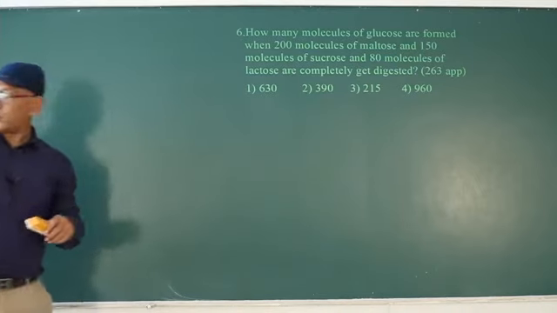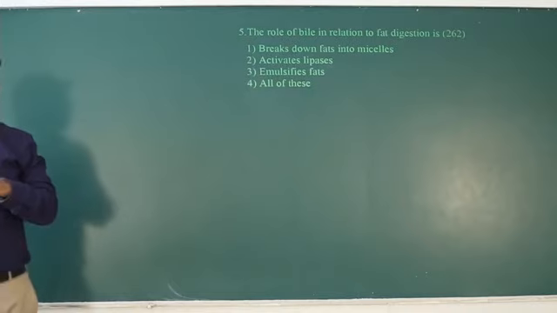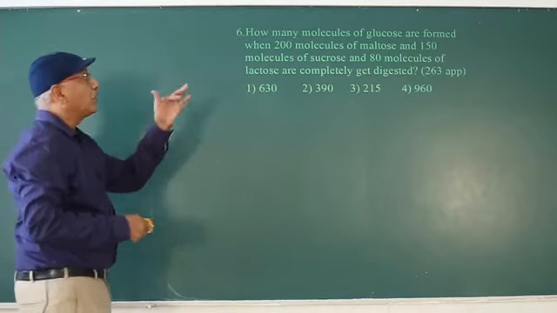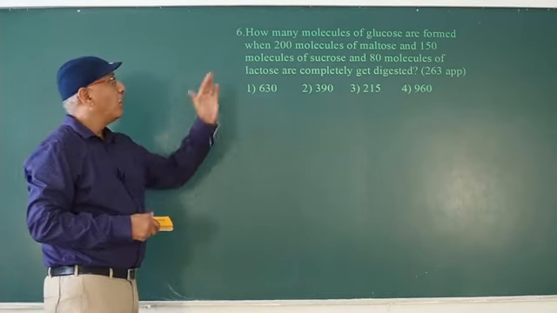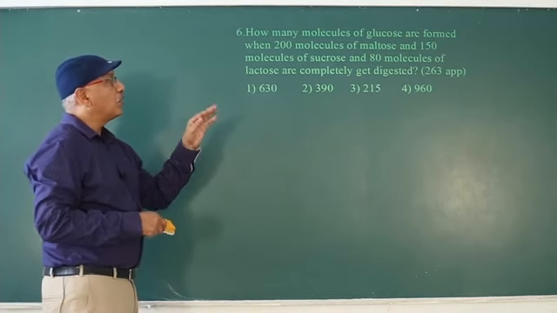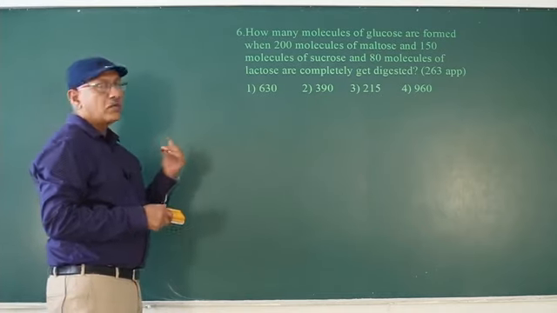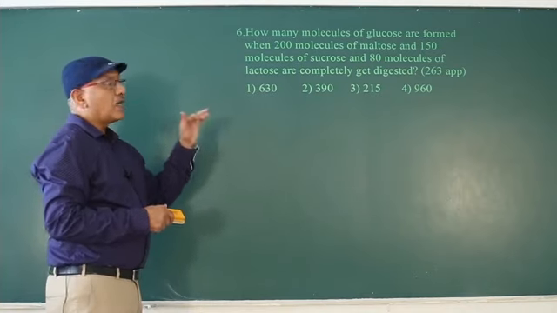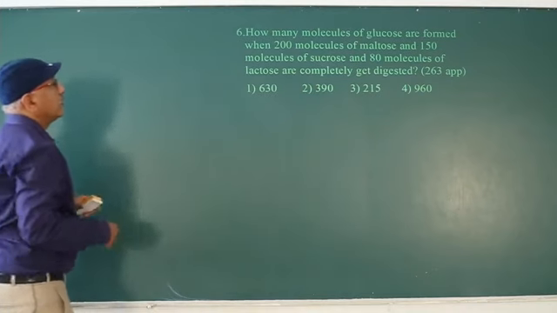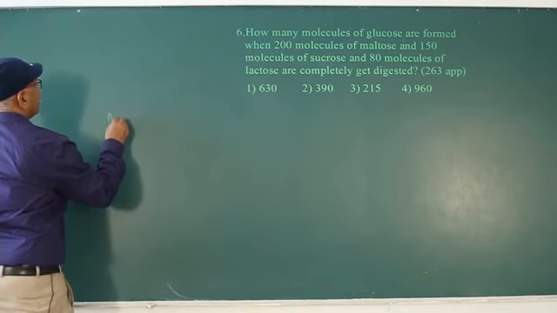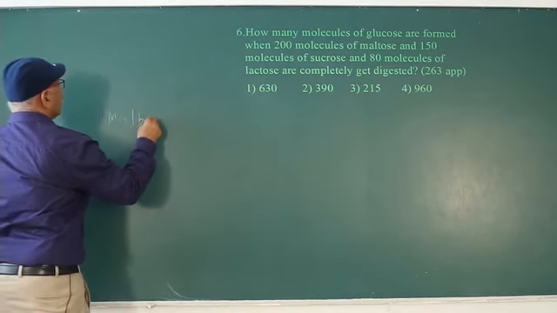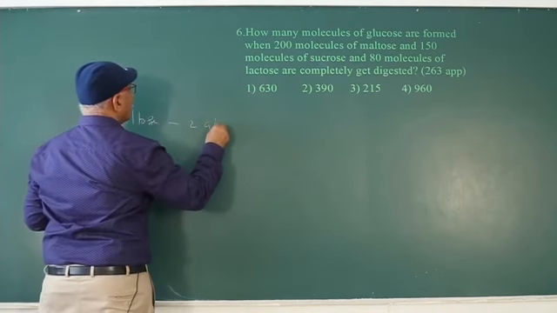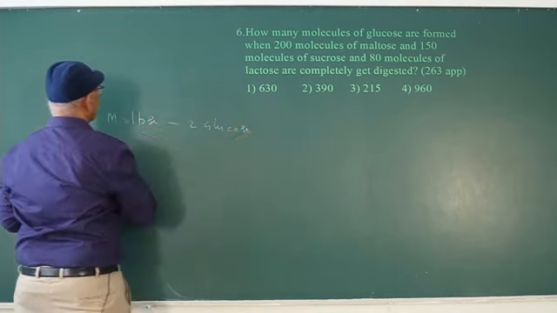How many molecules of glucose are formed when 200 molecules of maltose, 150 molecules of sucrose and 80 molecules of lactose are completely digested? The concept is that maltose is a disaccharide containing 2 glucose molecules.